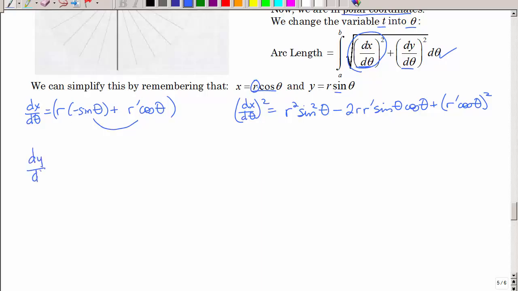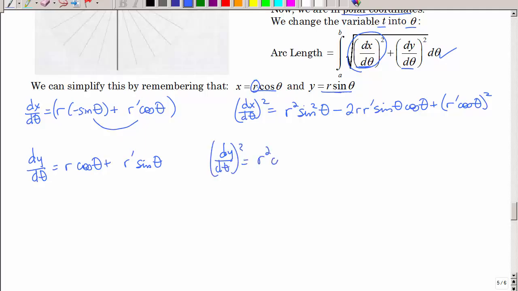So now I have dy d theta. So again, the product rule. So I have the first times the derivative of the second plus the second times the derivative of the first. And I'm going to square that out.